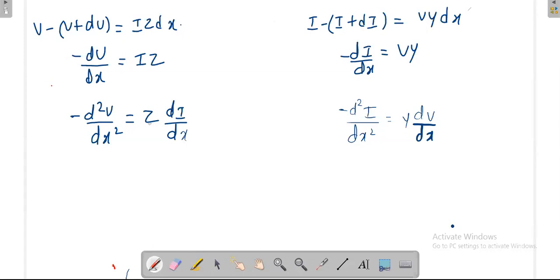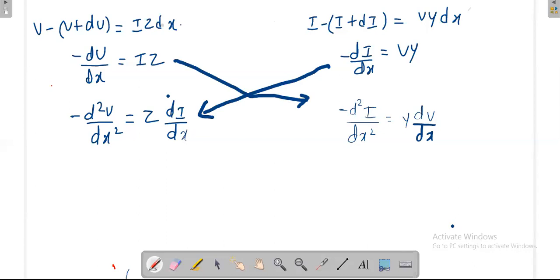It depends on G and j omega C. Then dV by dx. Now you know the value of dI by dx, so substitute from here. Similarly, you know the value of dV by dx, that is available here. So you can substitute.